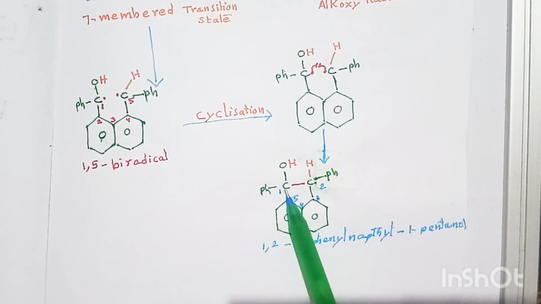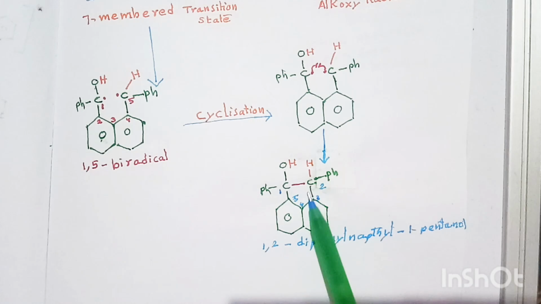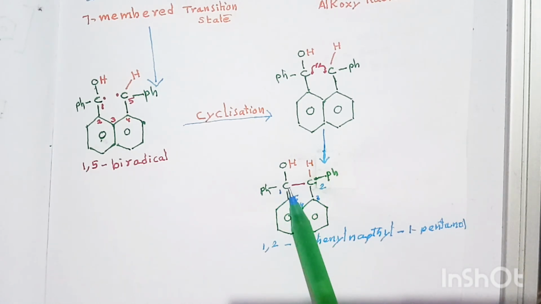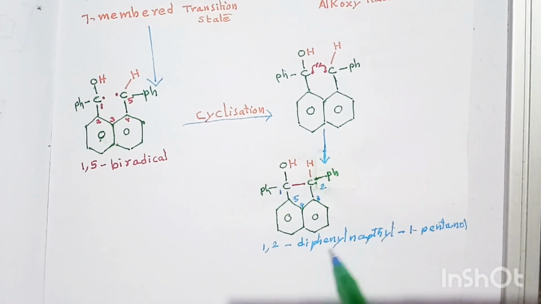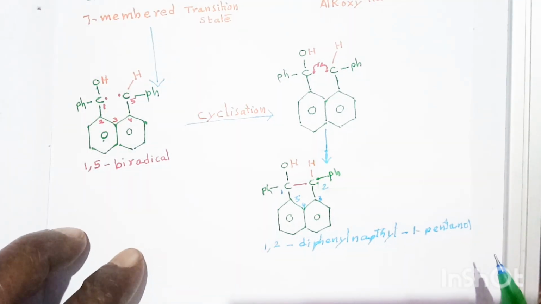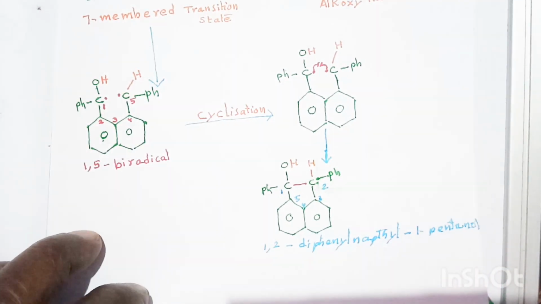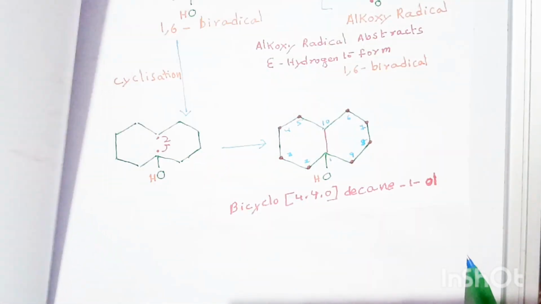Pentanol because 5 carbon atoms are involved in this ring: 1, 2, 3, 4, 5. So this is 1,2-diphenyl, naphthyl, 1-pentanol. So this is about delta hydrogen abstraction.